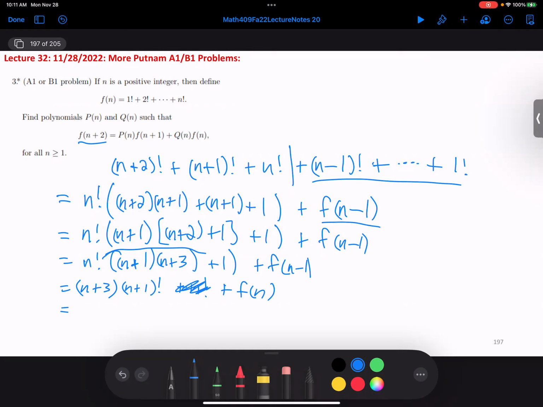And now here comes the trick, which is the old multiply by 1 trick, right here. So multiply by 1 on that. Yes, I think it'll be multiplied by 1.